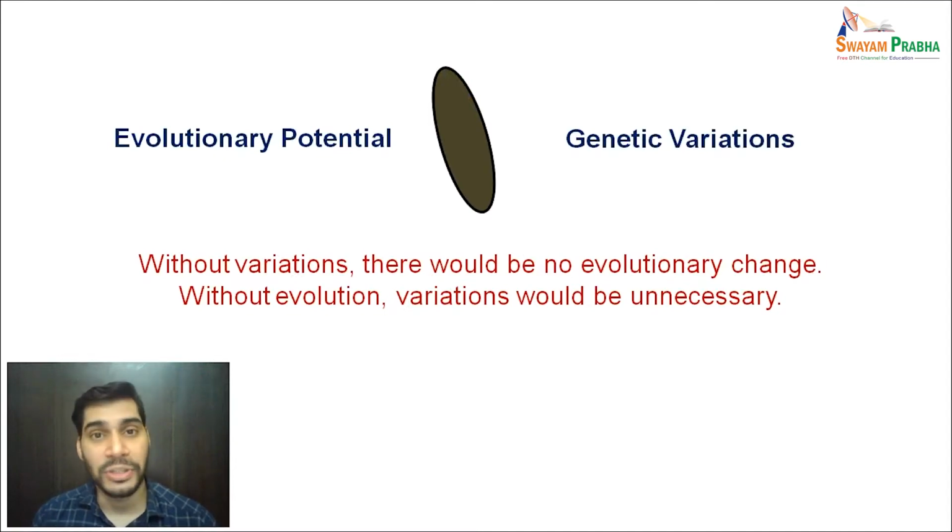In this kind of situation, there can be no evolution or natural selection as such. In other words, if you see the contradictory situation, without evolution, variations would be unnecessary. If there is no evolution to take place, there is no requirement of variations in that case. So that is why we say that evolution and variation are nothing but two sides of the same coin.